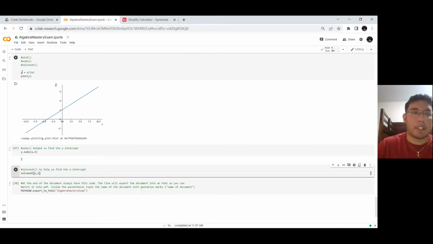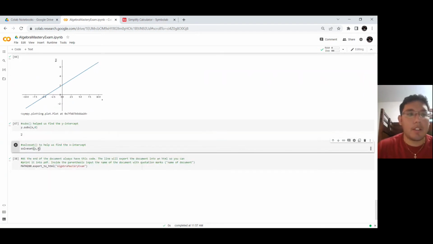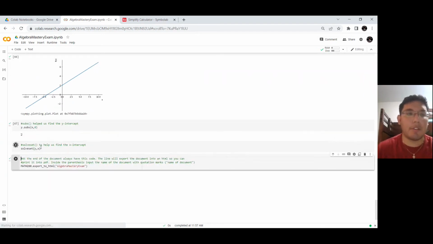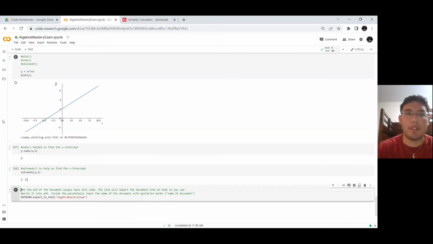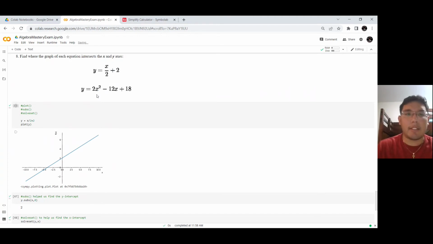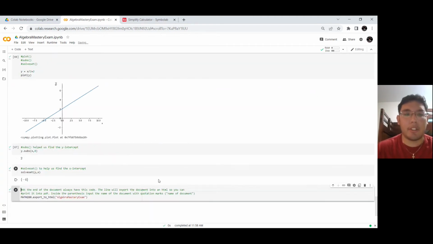This is substituting the expression x over 2 plus 2. So when we input y, we actually mean x over 2 plus 2 equals 0. Basically setting y equal to 0. So solveset(y, x) should give us the x-intercept, and there we go, it's -4, so that's how we know it's correct. Lastly, let's do the next expression.